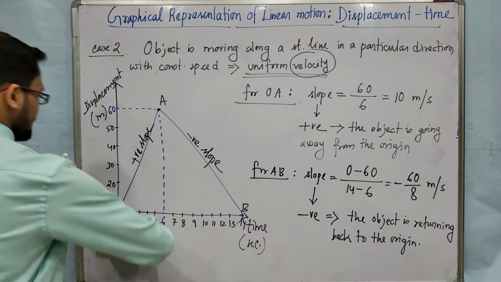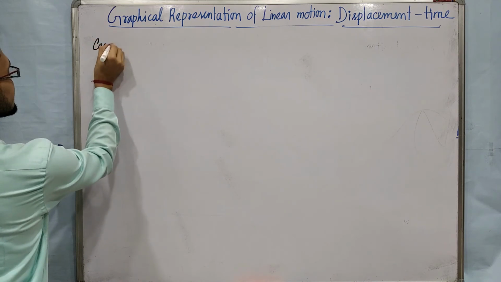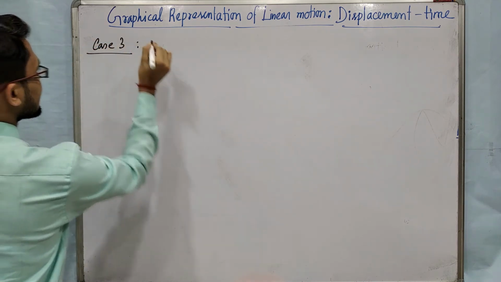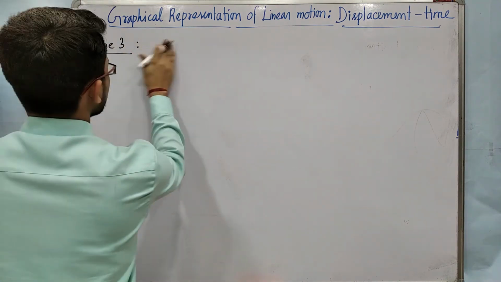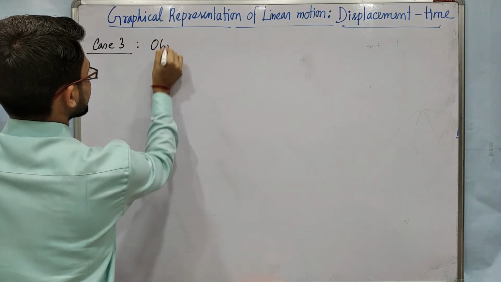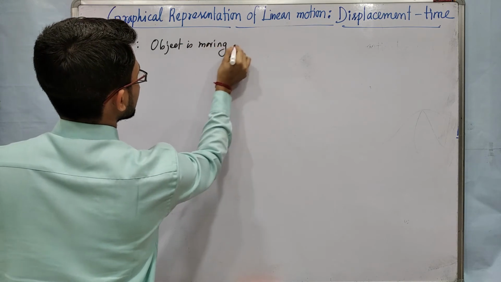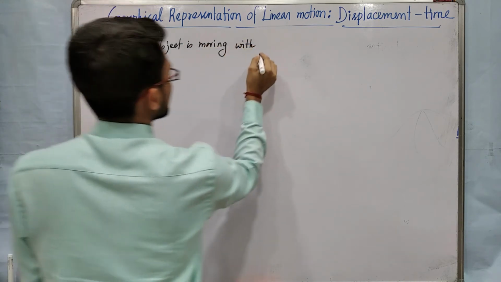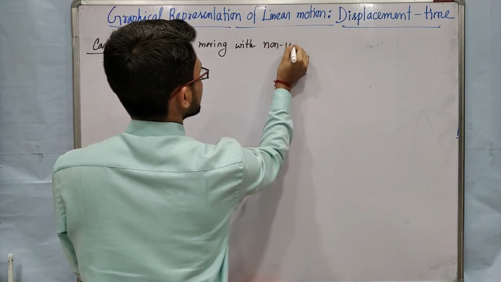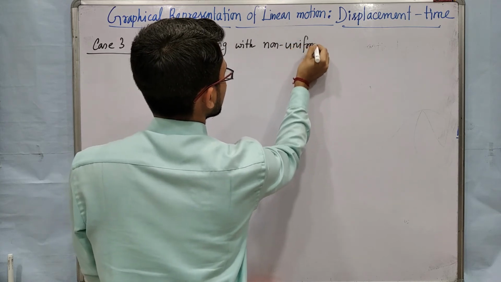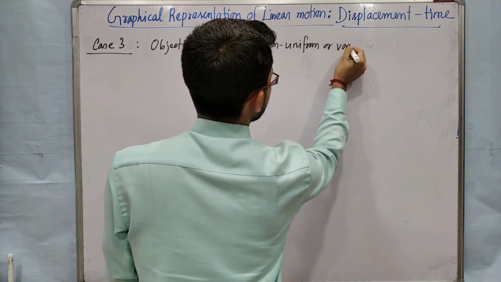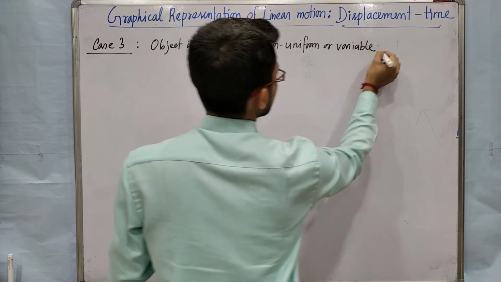Now case 3. So case 3 is a little bit different. Object is moving with non-uniform or variable velocity.